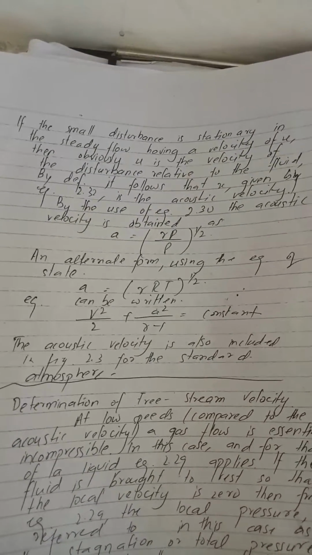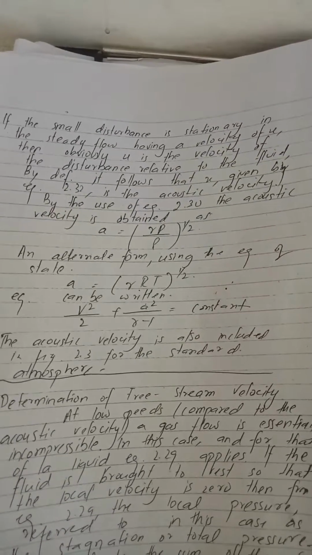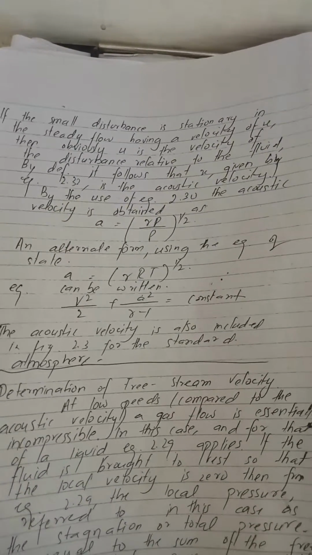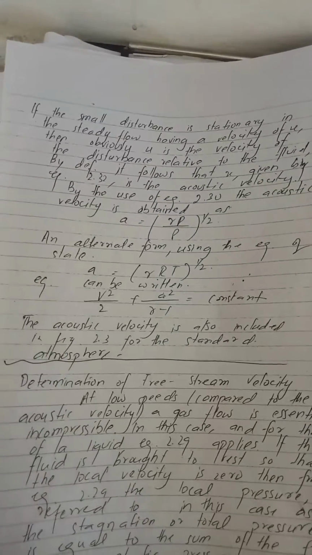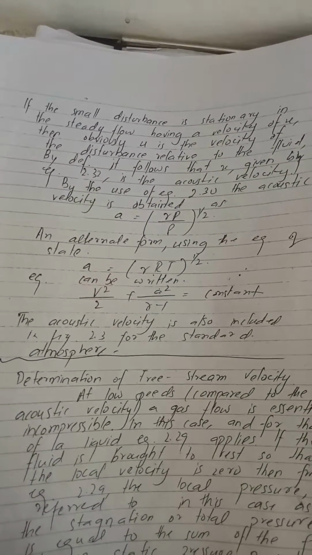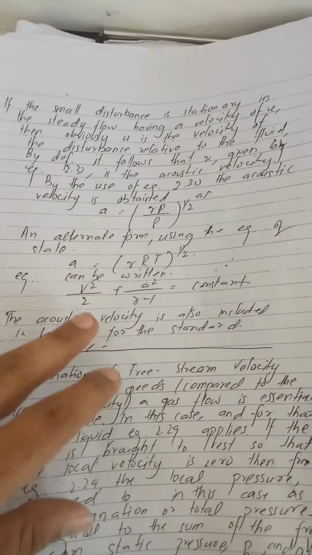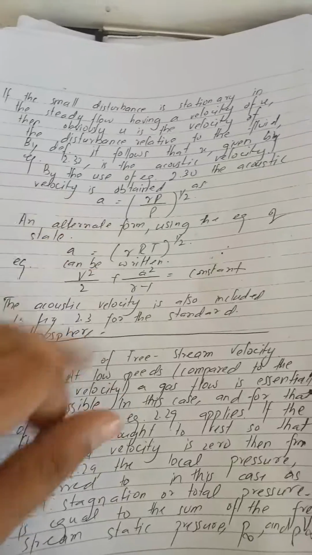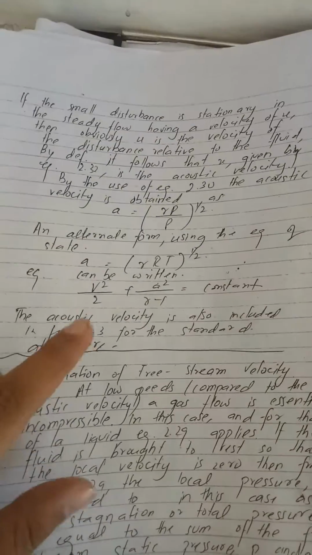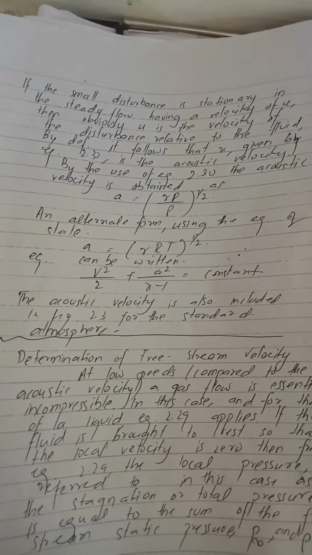By definition, it follows that x given by the equation is the acoustic velocity. By the use of this equation, the acoustic velocity is obtained as this. An alternate form using the equation of state is this, which you can use either way.